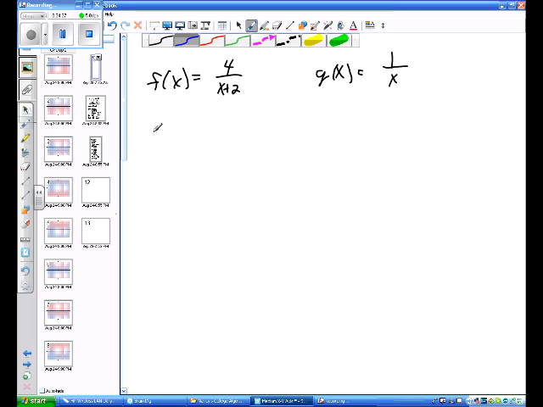Now we want to find f of g of x. So we're going to be taking the function f of x. Wherever there's an x, we're going to plug in g of x.